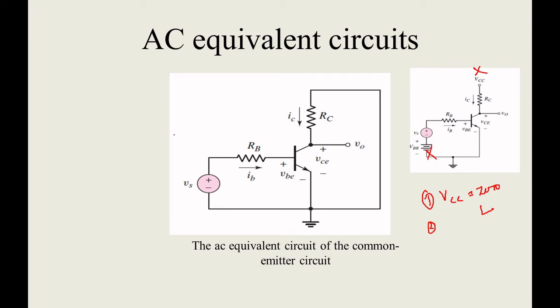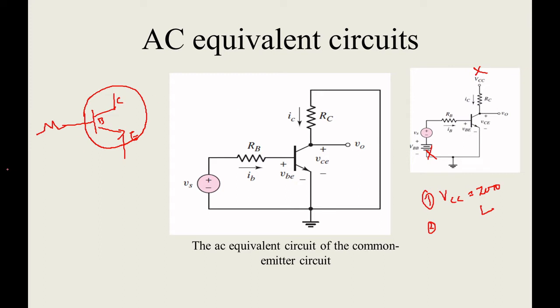I'll draw here for your better understanding. First, always draw the transistor. This is your conventional current direction, as we discussed earlier, always coming outside from the base. Now I have marked the terminal and you encircle it. Now you have RB, you can put RB here, and following this you have a source signal.